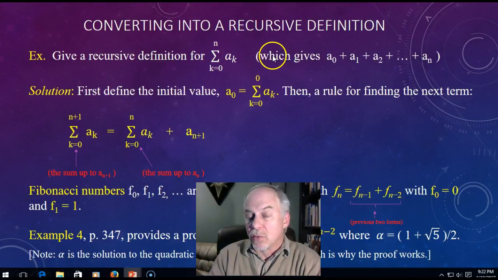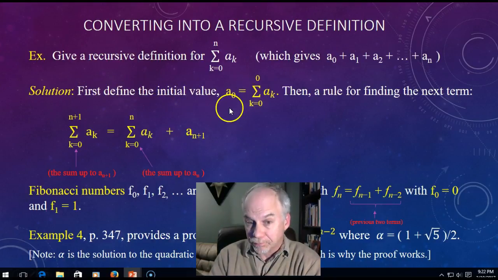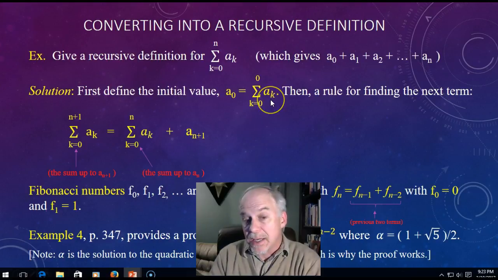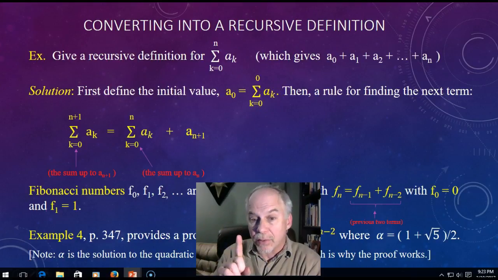So this is really the same as going a0 plus a1 plus a2 plus a3 all the way to a sub n. So can we, instead of using a sigma notation, make a recursive formula for this? Now first, we can define the initial value, a0, as the summation from 0 to 0 of a sub k. Of course, you're only going to have one term then. It's just going to be a0.